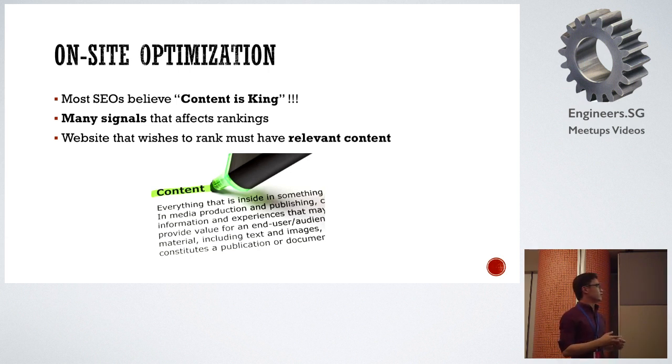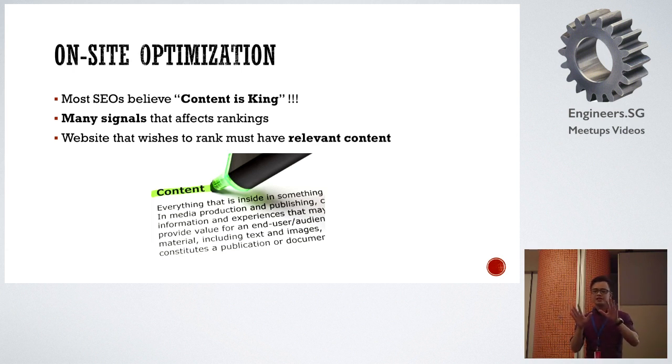So if you wish to rank for certain keywords, you have to have relevant content. You can't say, I want to talk about what is SEO today, but actually inside the content, I'm talking about where's the best chicken rice, or where do I get the best beer in Singapore. If you are writing about such content and you wish to rank for why are you good at SEO, for example, then it's not relevant.